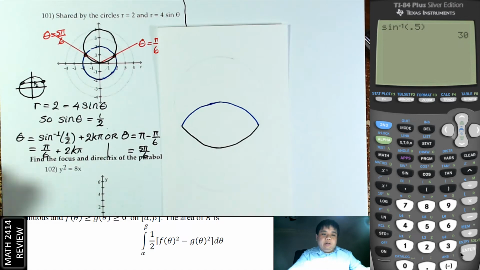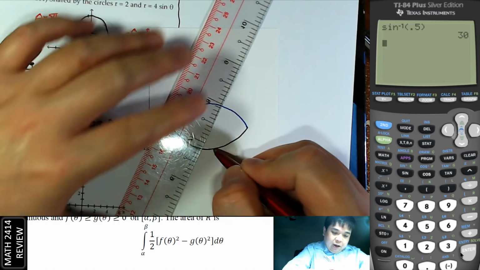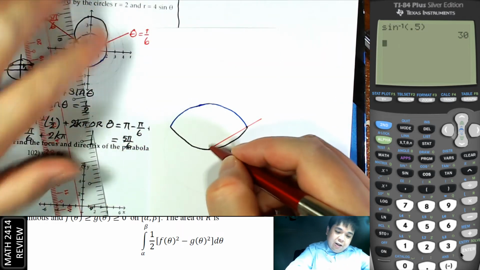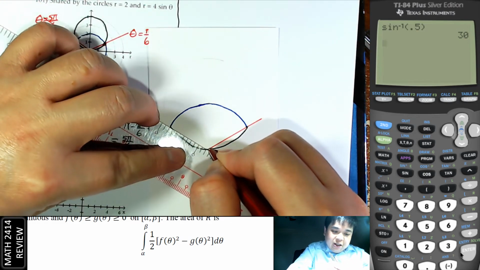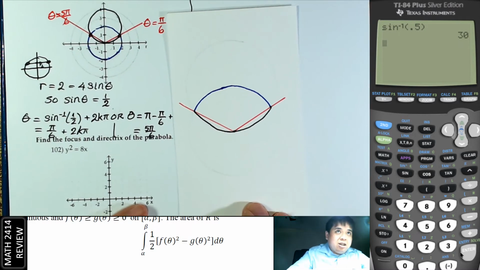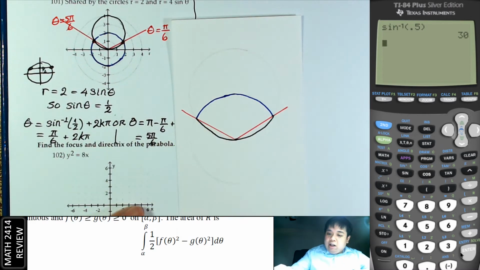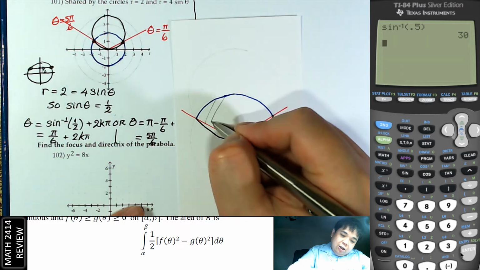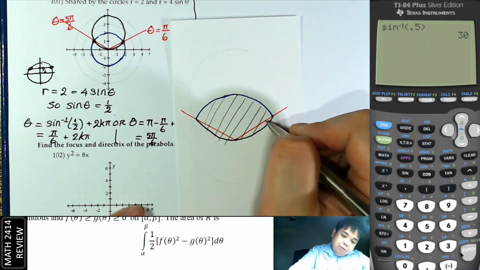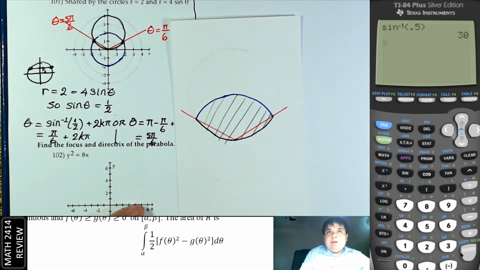Right, so that is the overlapping part, and we have pi over 6 and 5 pi over 6. Now, the complicated thing is that what we want is the area of the whole thing here. But if we set up the integral, it will be like this.